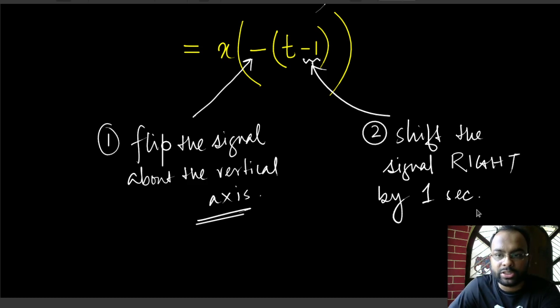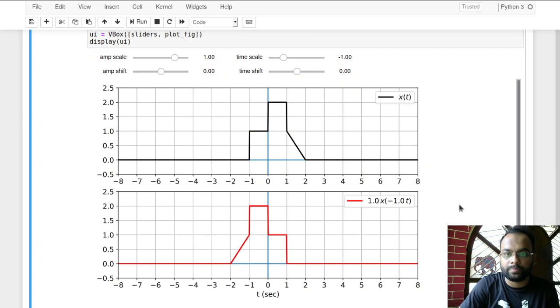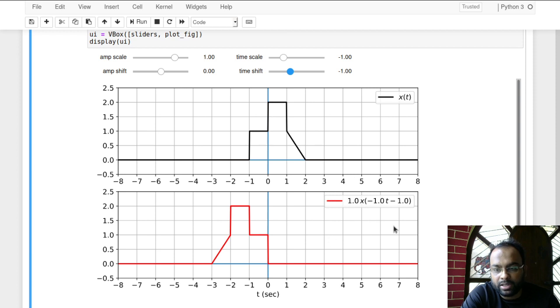Okay. So let me switch to the program again. So we already have x of minus t, right? So we have flipped the signal. And now this is x of t, and this is now x of minus t minus 1.